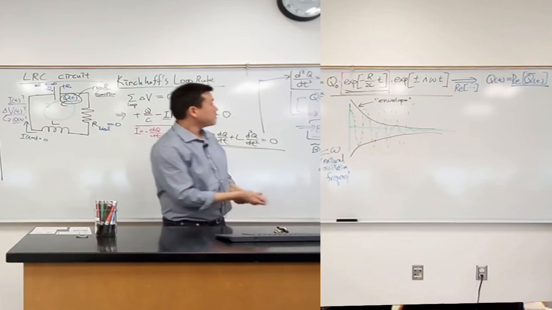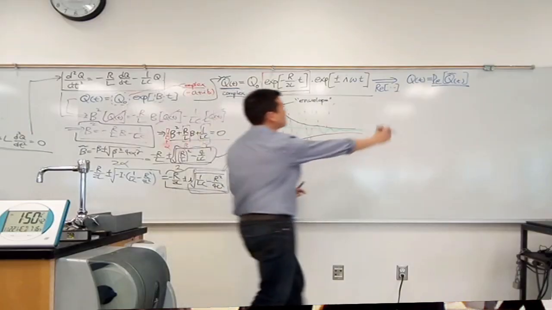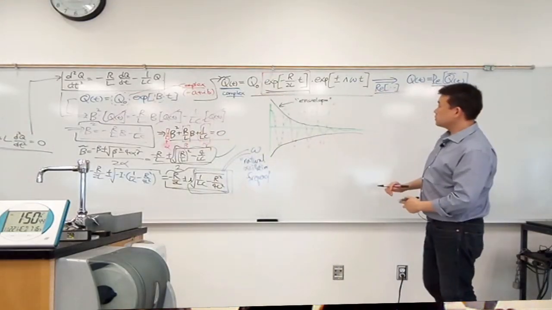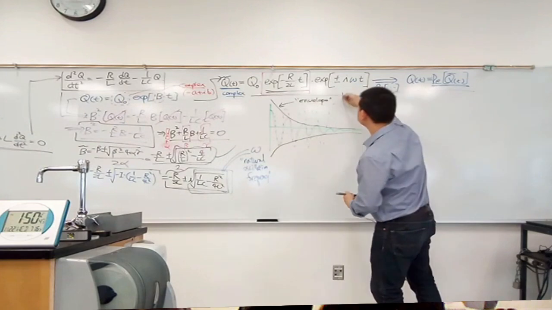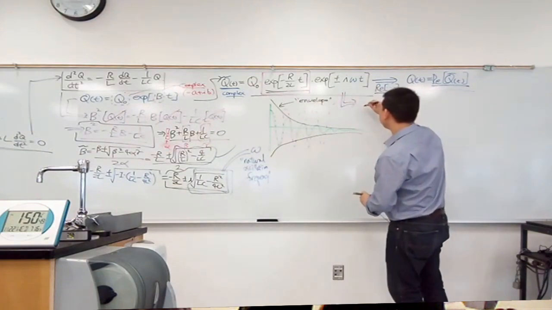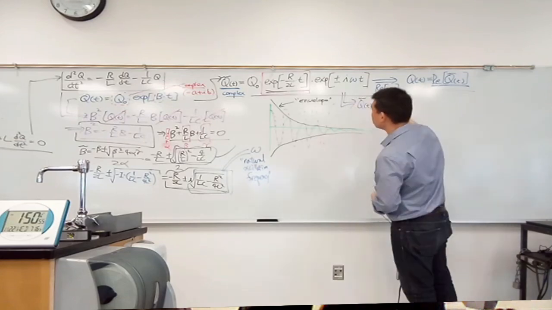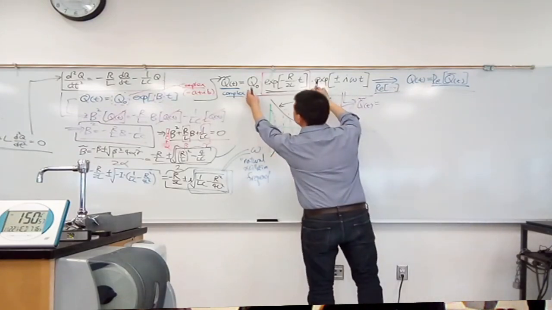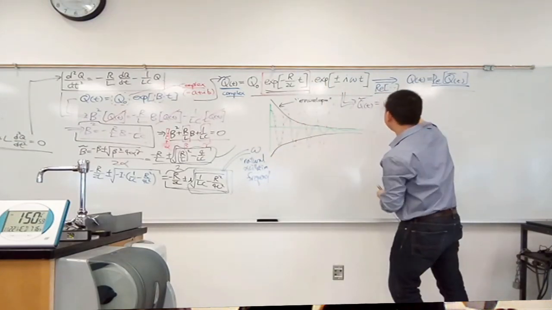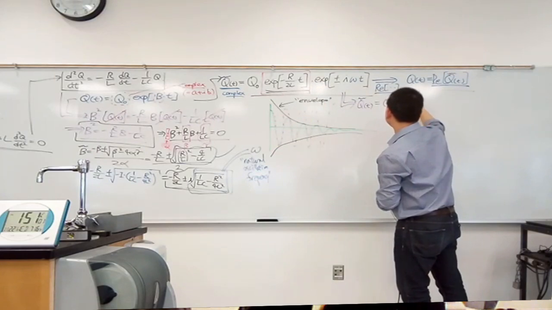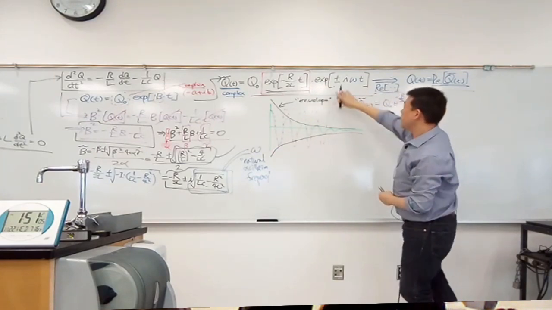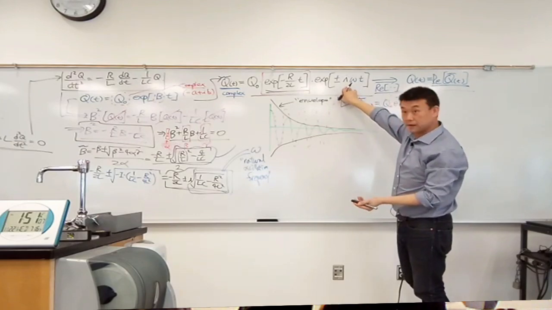Let me show you a naive, very reasonable mistake you can make, and I will show you how to correct that mistake. So when you imagine taking the real value here, you might write down, all right, my Q of t as a complex function is equal to, I have this real part, let's factor that out, Q naught e to the minus R over 2L t, times this portion which is complex.